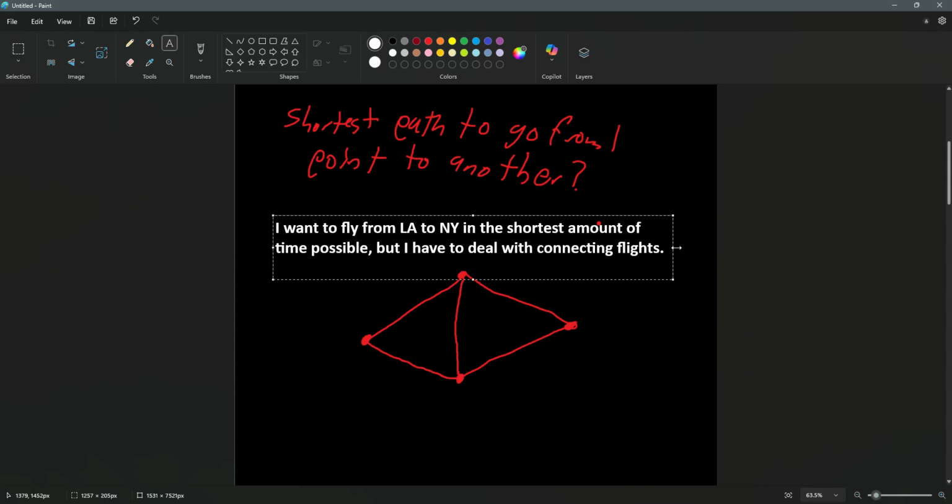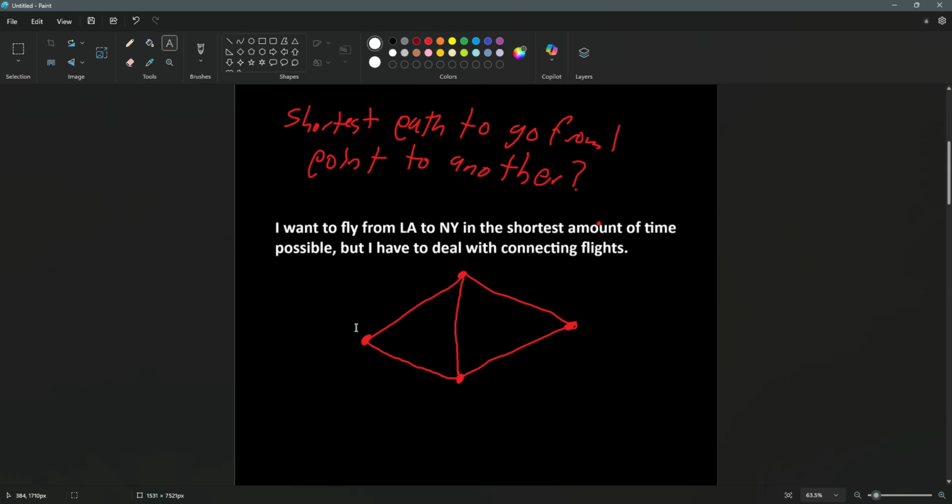A connecting flight, when you take long plane rides, is when they send you from one airport to another, because maybe they don't have a direct way of going from LA to New York. So I'm going to mark my vertices: LA, New York, and say that to get there, they're probably going to send me over to Denver, and they might send me to Las Vegas.